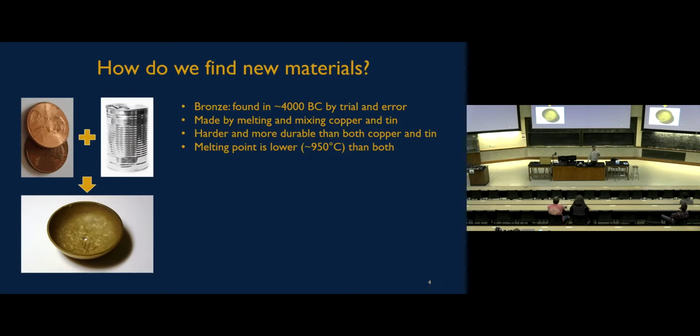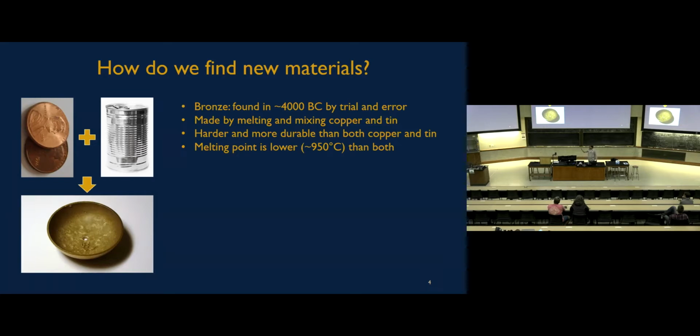And it was done thousands of years ago. And it was done probably by someone whose thing was to just melt materials and mix them together and see what happens. There was no reason why mixing these two things would give you something that's stronger and better than the things that make it. So it was basically discovered by accident or trial and error. And even though there was no material science, we did know some things.